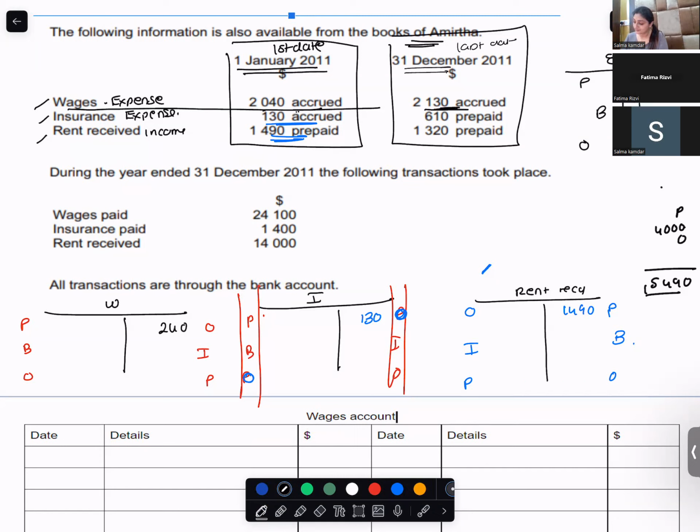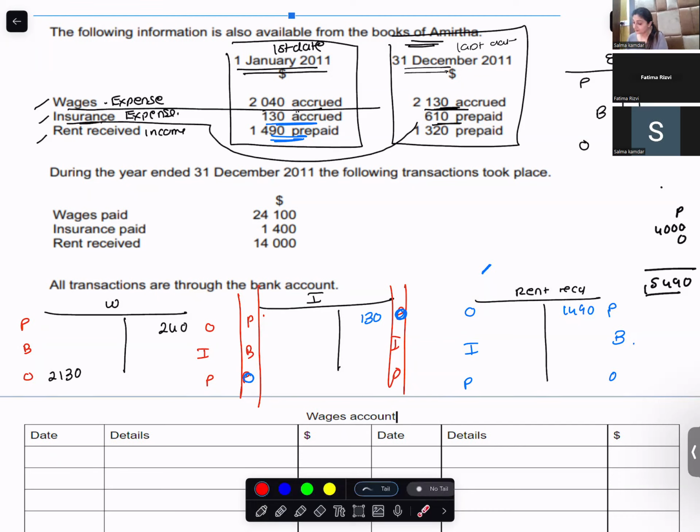Debit or credit? Expense prepaid is on the credit side, as per POPO B. How much? 610. Prepaid income, which side? Debit side. 100.